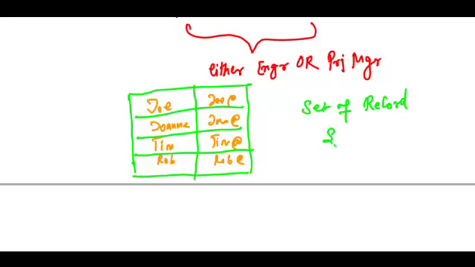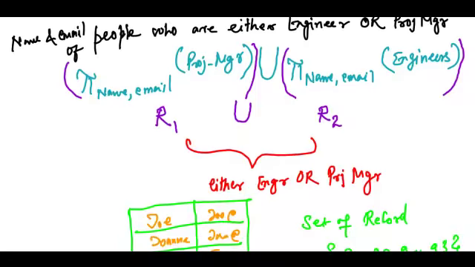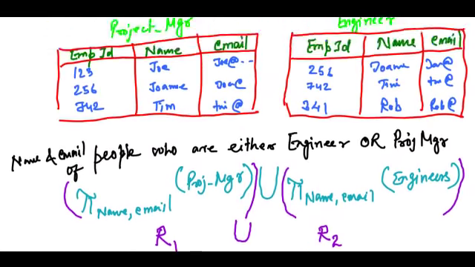Okay, so if we have a set as A1, A2, A1, A3, and we have another set as A1, A2, A3, then both the sets are equal.